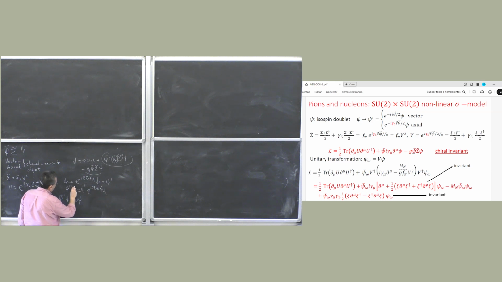Now if I multiply by gamma naught here to get psi prime bar, then I need to multiply here by gamma naught. And because gamma 5 anti-commutes with all the gammas, then what you have is that this is psi bar e to the I minus eta gamma 5. So now you see that this object is not going to be invariant under an axial transformation, right?